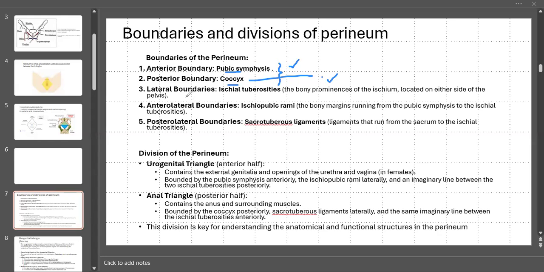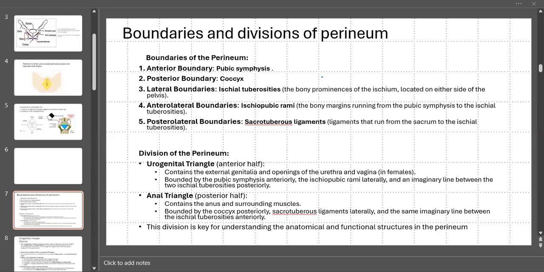Okay. Laterally, we have already decided that we have ischial tuberosities. Anterolaterally, we have the pubic rami. On the posterolateral side, we have the sacrotuberous ligaments. So who will tell me that these boundaries are similar to what boundaries? Can you recall something after talking about these boundaries? Okay, I'm giving you the hint.